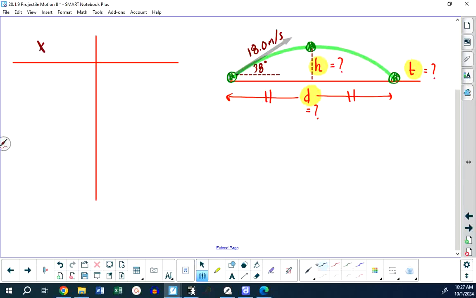We have an x and a y. We have a v, a d, and a t under x. Under y, we have a vi, a vf. Now, I don't know if this has occurred to you, but in all the projectile motion problems we've been given so far, we didn't care about vf.